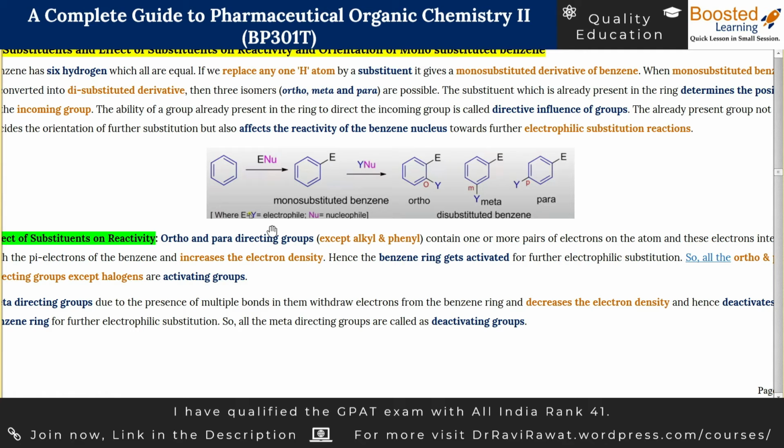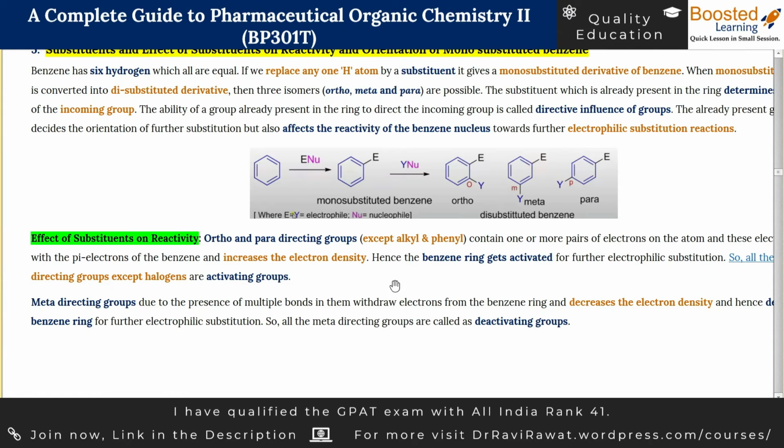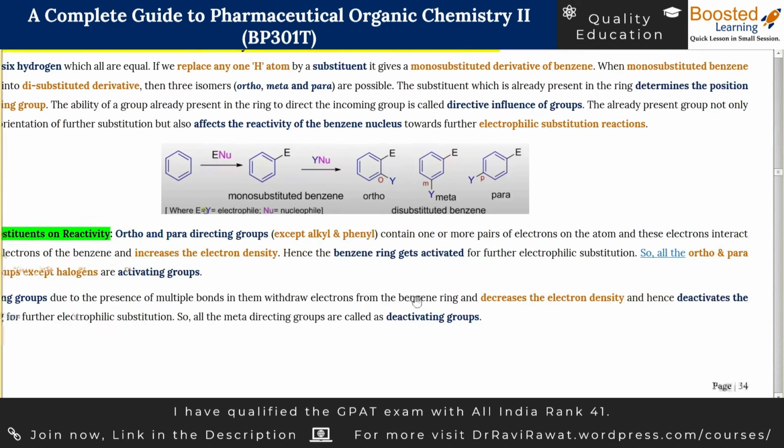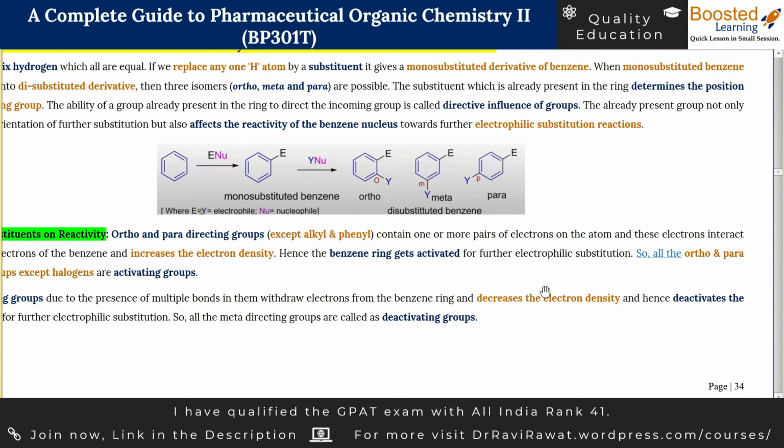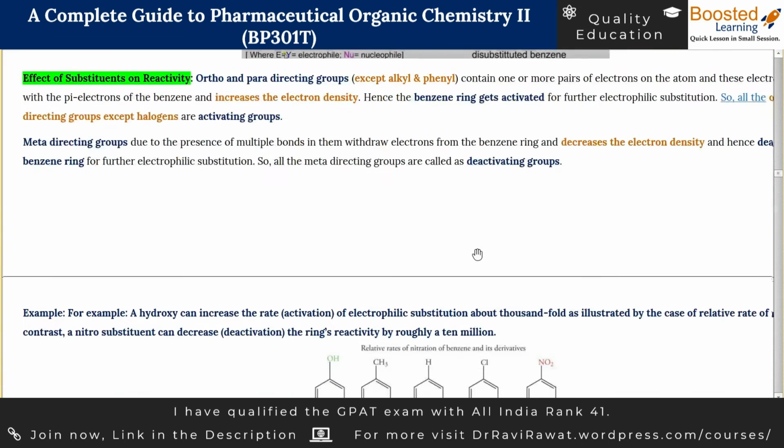So ortho and para directing groups always give electron density to benzene. That is how the benzene ring gets activated, and it always increases the rate of the reaction. On the other hand, meta-directing groups always withdraw electrons from the benzene, so they decrease the electron density. That means they deactivate the benzene ring for further electrophilic reaction. So these groups are called deactivating groups.